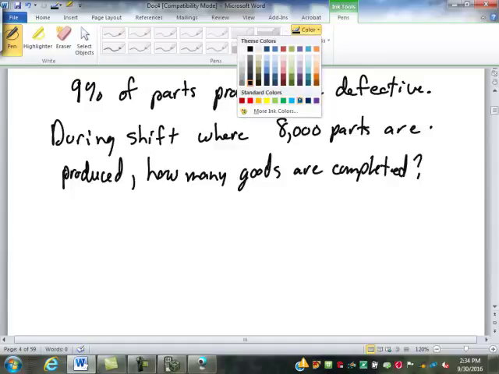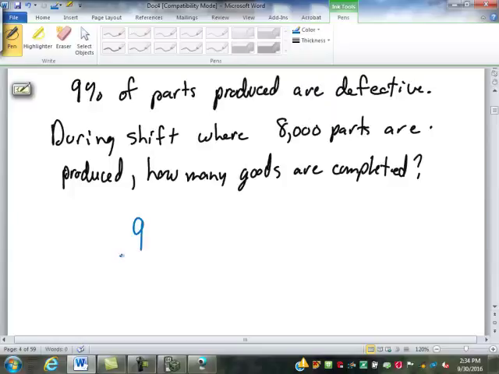So we have a percent in this problem. We have 9%. If we look at this, what is the 9 representing here? Defective parts again. You got it. That's our defective.